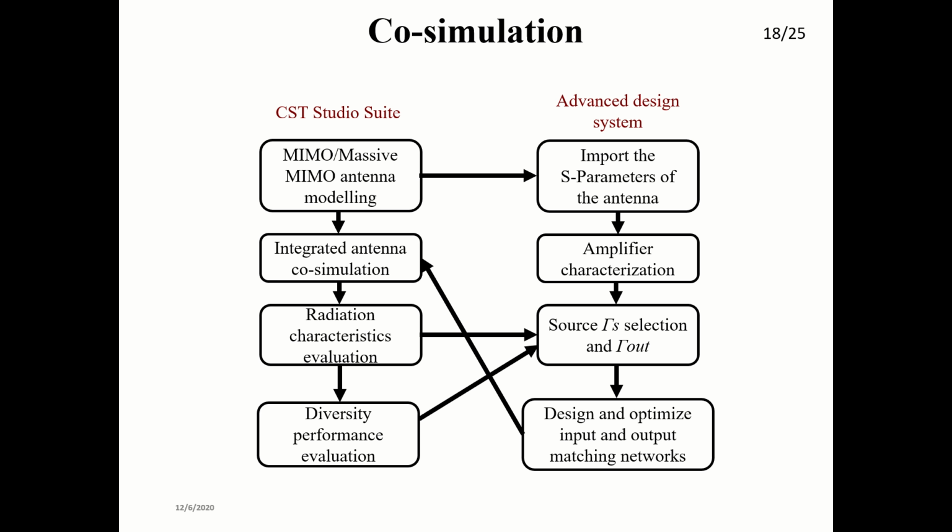I just want to cover a few things. For integrated design, you cannot use one single software; you have to go for co-simulation, for example CST Studio and Advanced Design System.